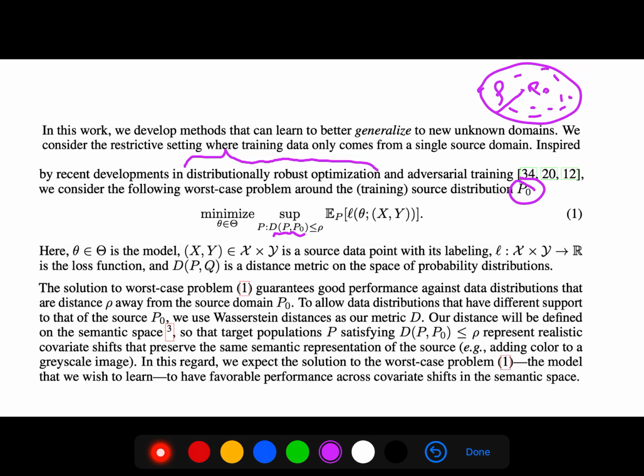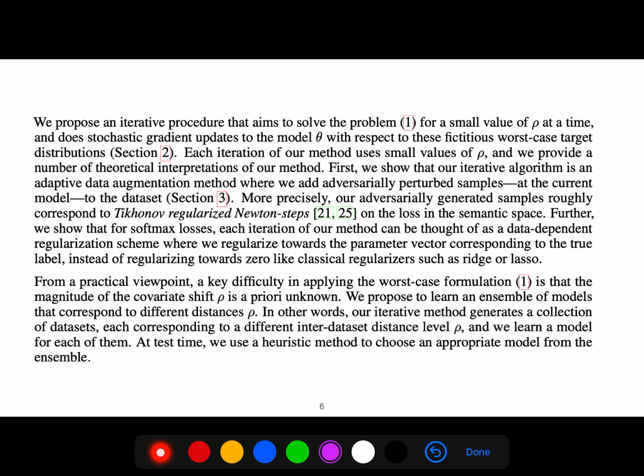And among them, we want to minimize the expected loss. The worst case, we minimize the worst case. When we say supremum, we are minimizing the worst case of expectations over the whole family of distributions that are within distance rho, within radius rho.